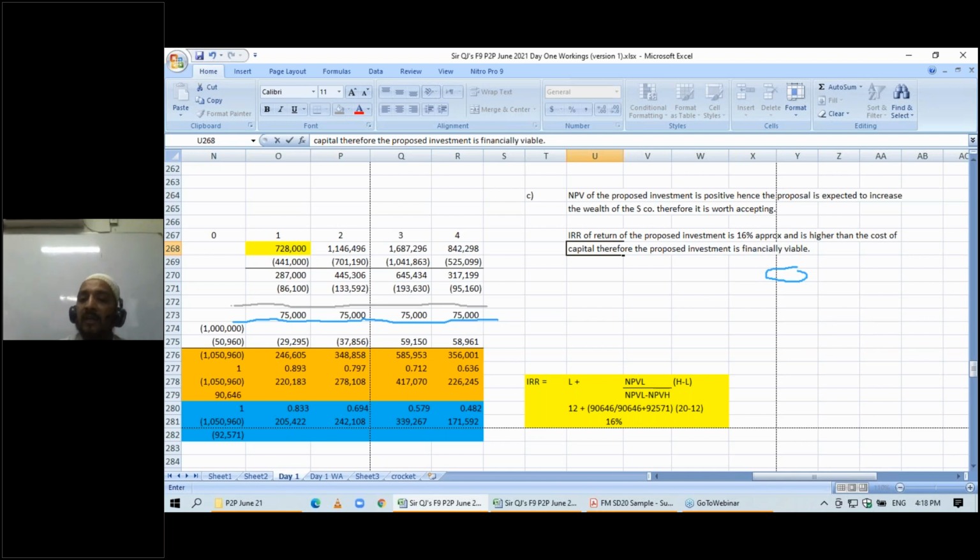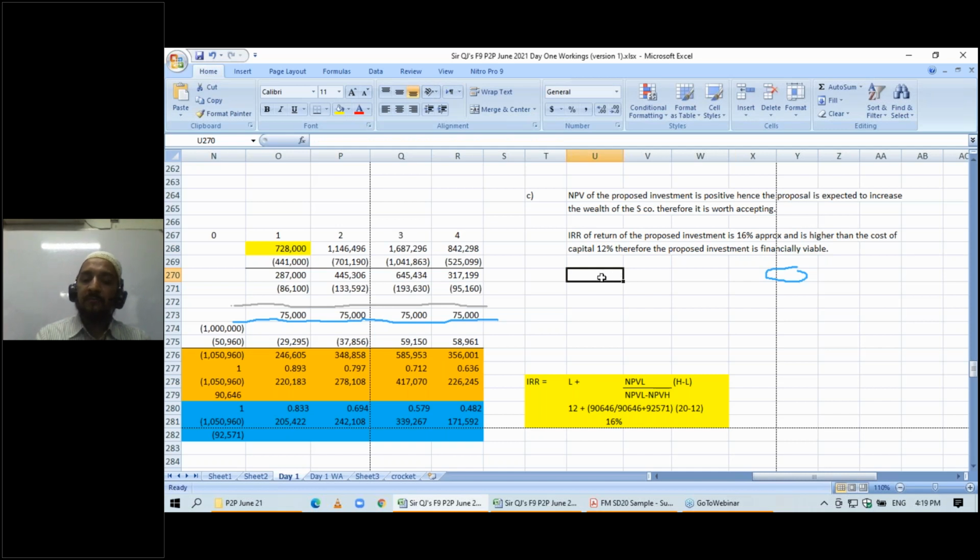Okay, so over here the rule is that in order for a project to be acceptable, your cost of capital should be less than the internal rate of return. So your cost of capital is 12%, which is lower than the internal rate of return. Therefore, the project is acceptable.